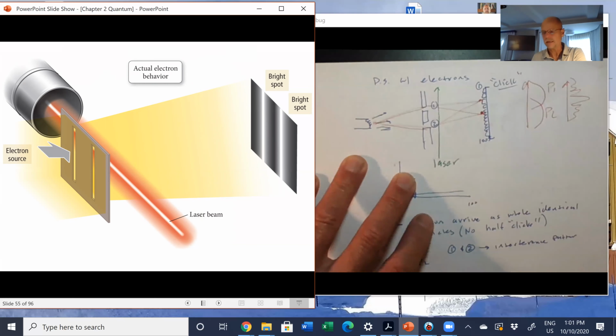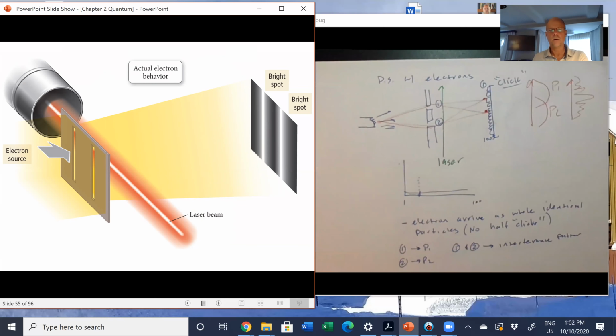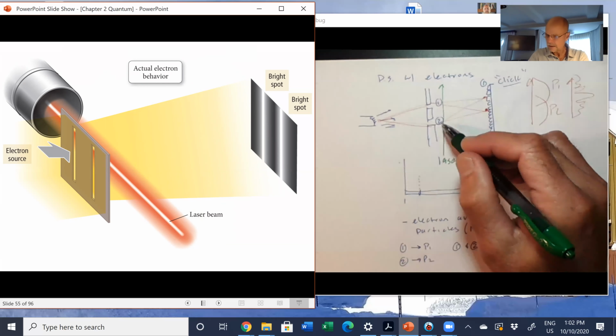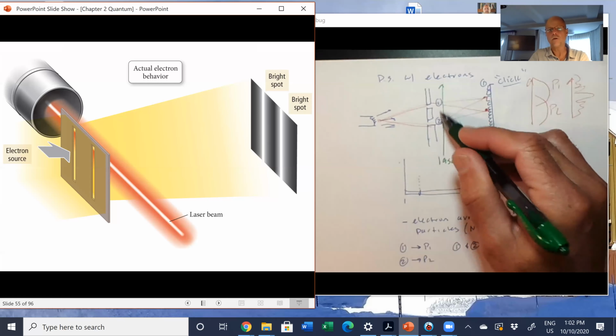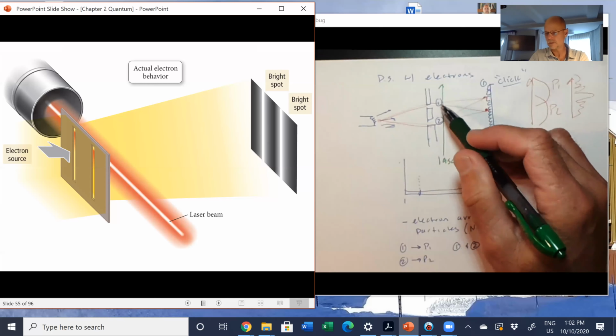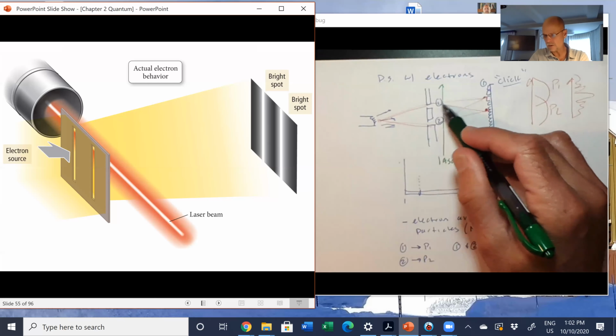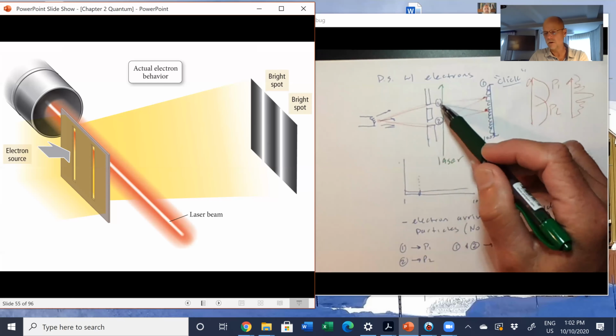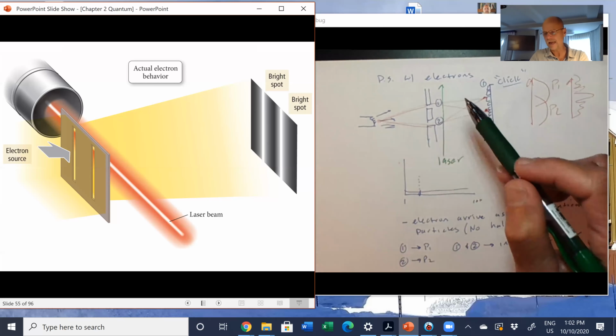Now, what the laser would do is it would tell us what hole the electron is going through. Why is that? Because when an electron beam passes through a laser beam, it scatters some light, right? So when an electron goes through here, it would scatter a photon, right? And that light can be detected.